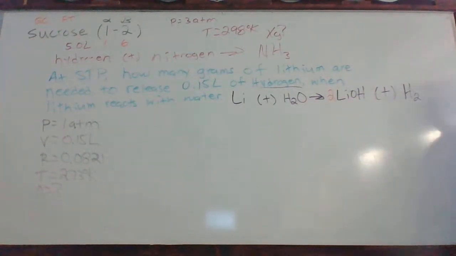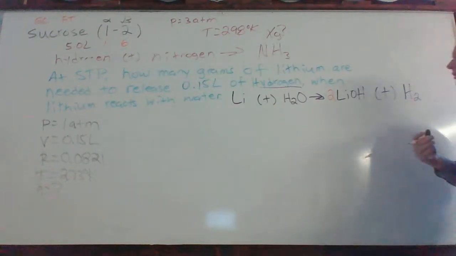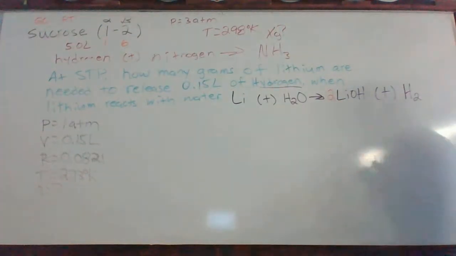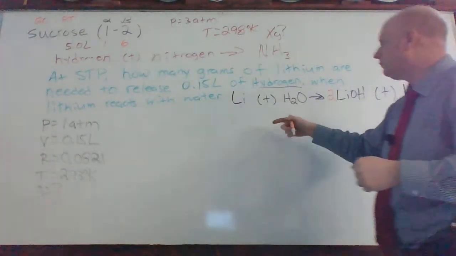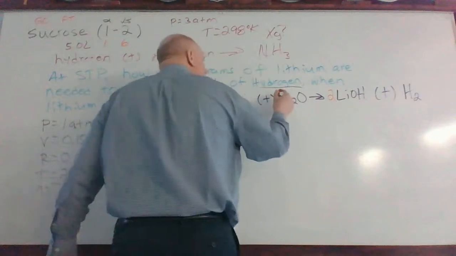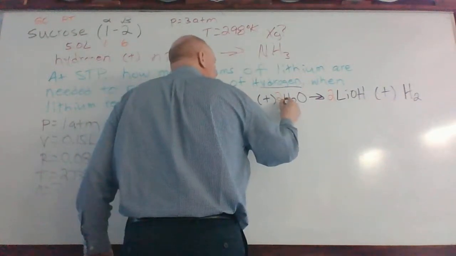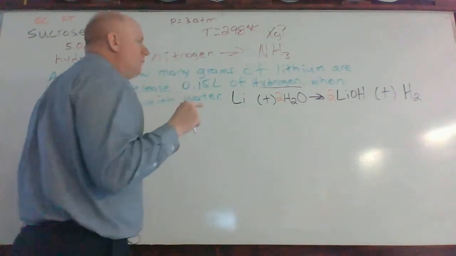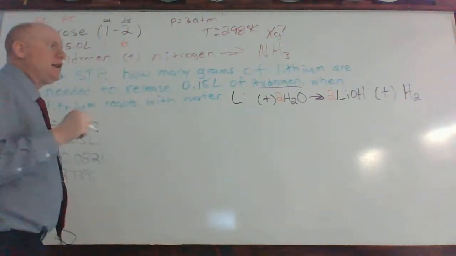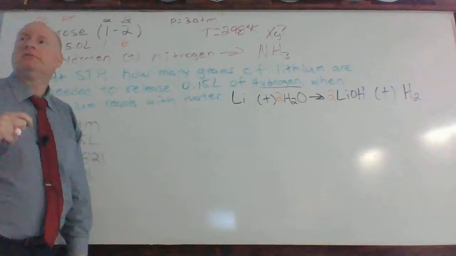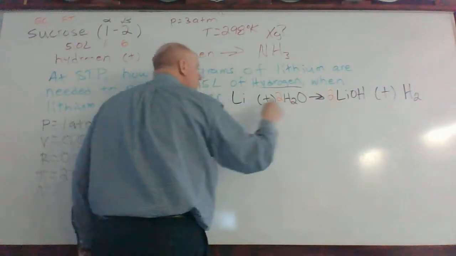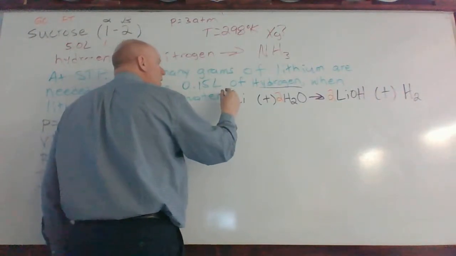I'm not saying it will. So how many hydrogens are on the right hand side now? 4. And how many are on the left? 2. So if we put a 2 here, our hydrogens are balanced, but now are our oxygens balanced? Yes or no? Yes, they are. Now we've got 2 lithiums on the right, so what would we put here?